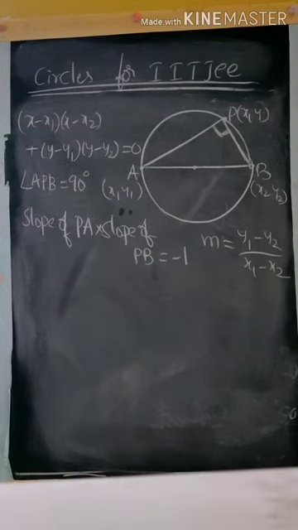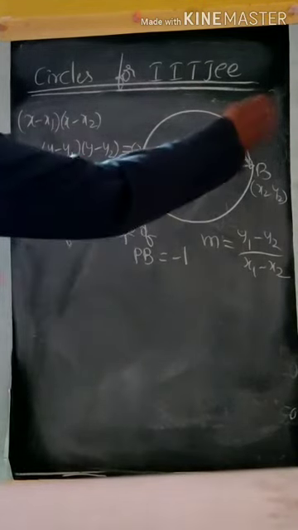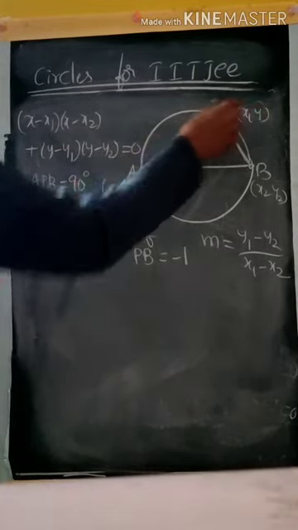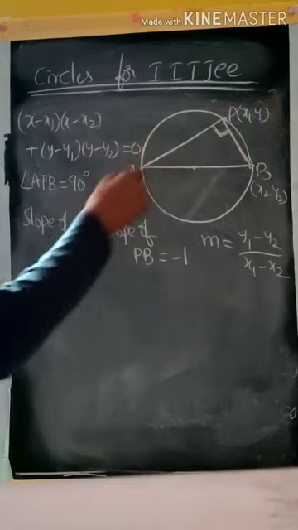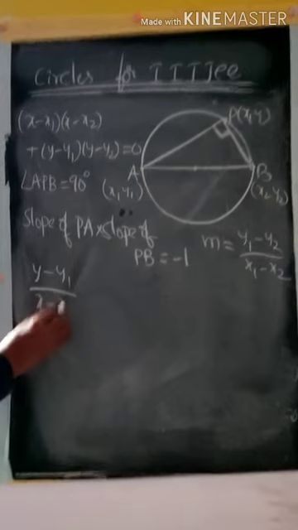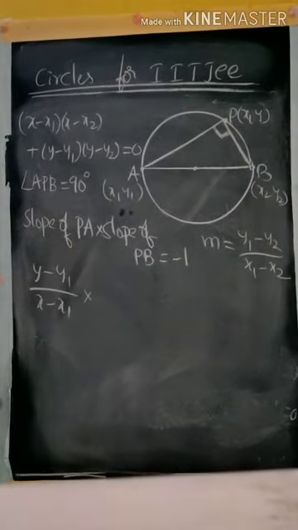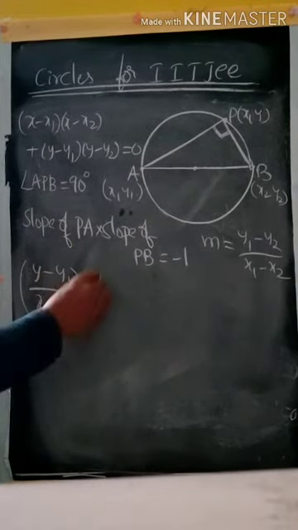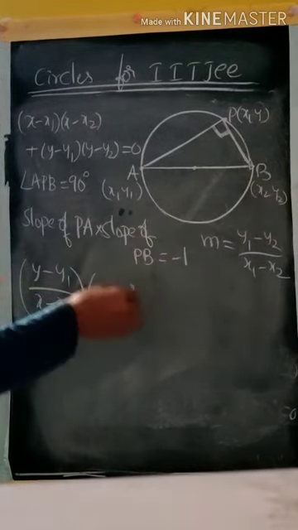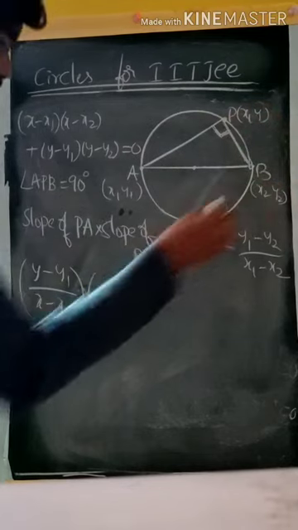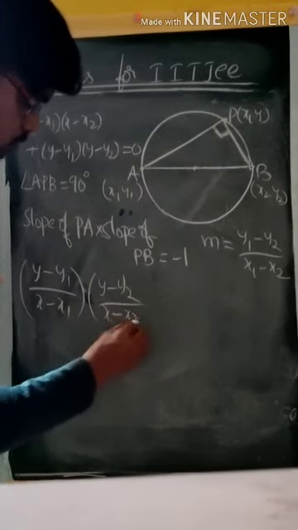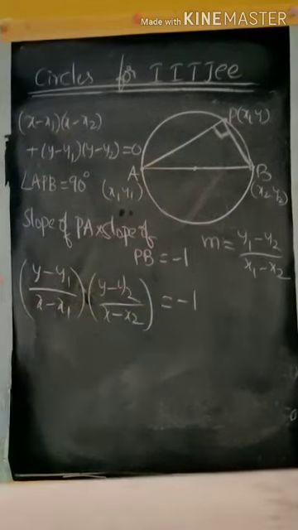Slope of PA, y coordinates difference by x coordinates difference, y minus y1 by x minus x1, into, similarly, slope of PB, y minus y2 by x minus x2 equals -1.